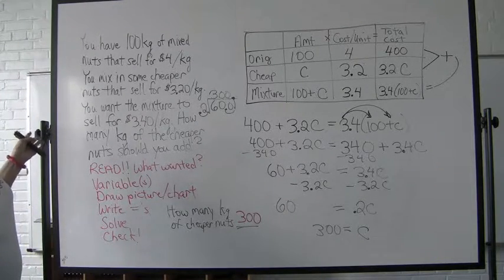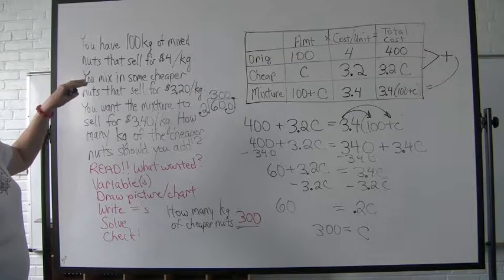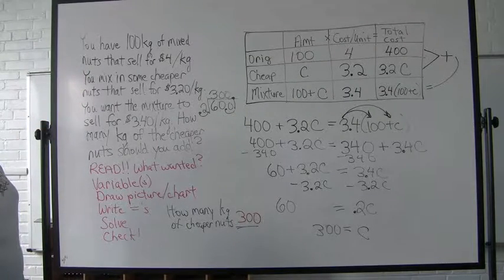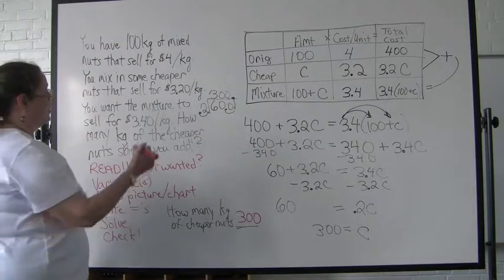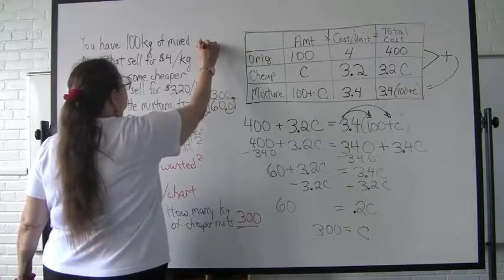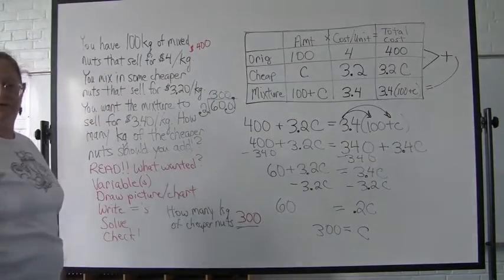Now, let's double check. Let's go back to the original problem. So we had 100 kilograms of mixed nuts that sell for $4. So this cost is going to be $400. That's for the original nuts.